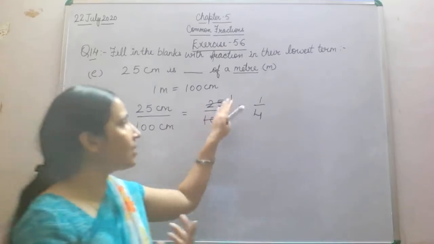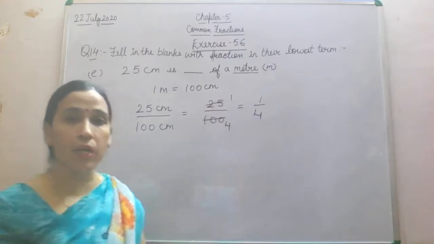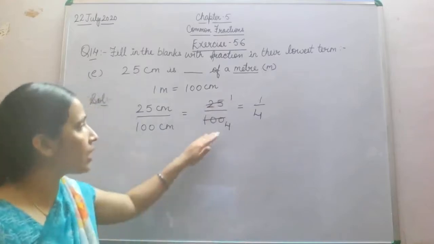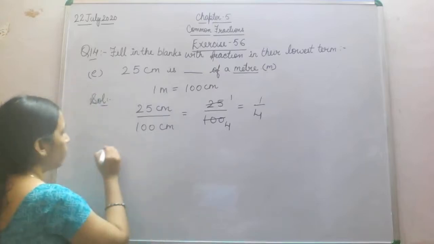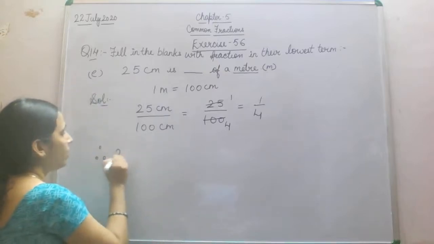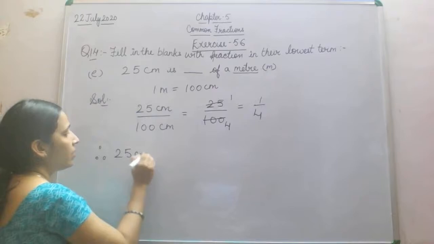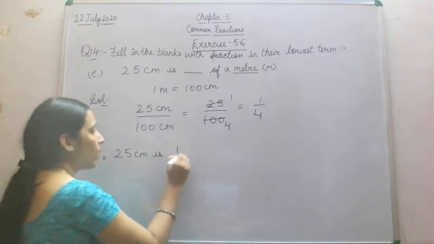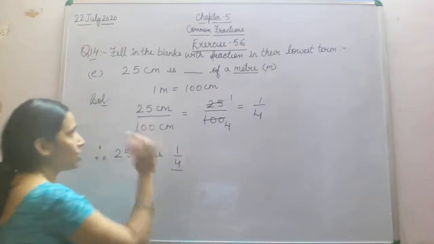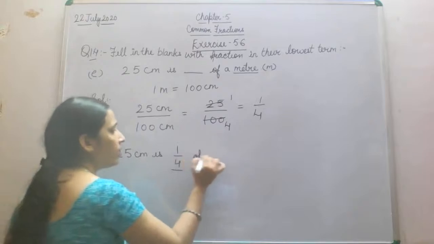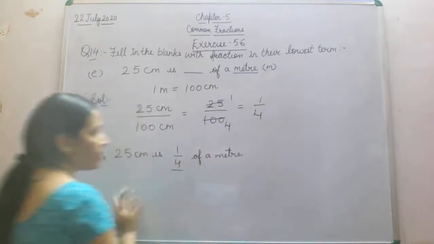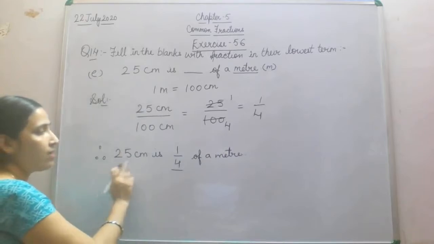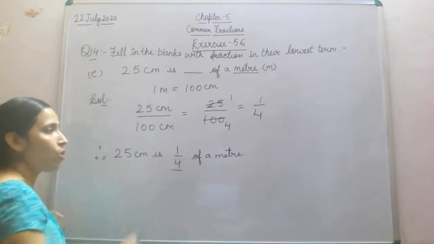So we will get, 25 ones are 25 and 25 fours are 100, so you will get 1 by 4. Fine. Therefore you will write, 25 centimeter is 1 by 4 fraction of a meter. Fine, this will be your answer. 25 centimeter is 1 by 4 of a meter.